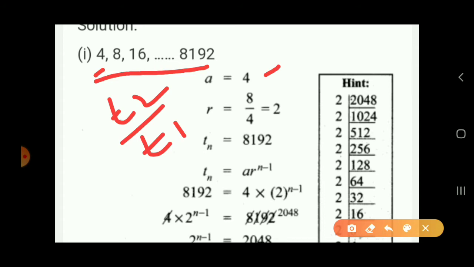The last term Tn is given as 8192. The Tn formula is A into R power n minus 1.